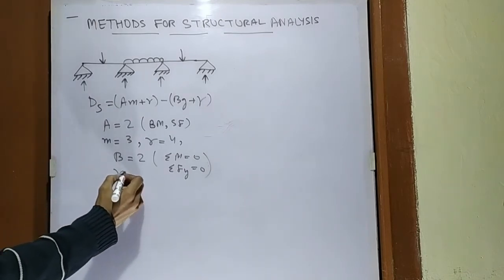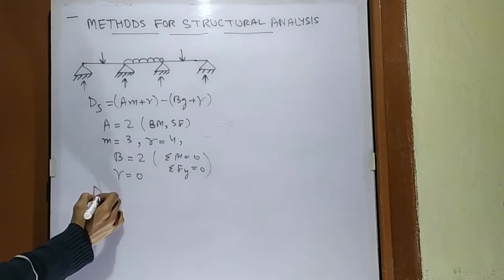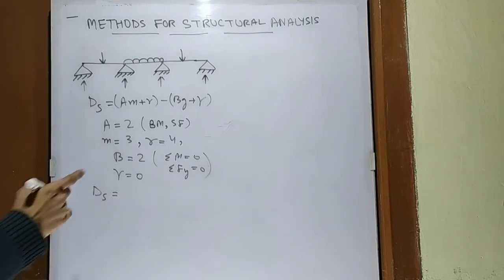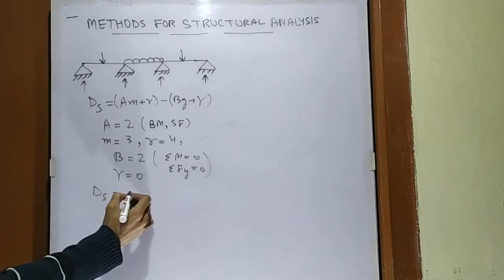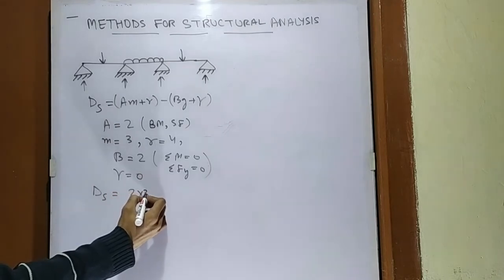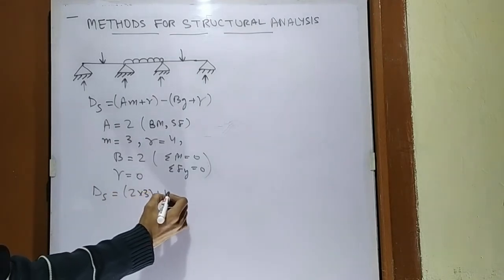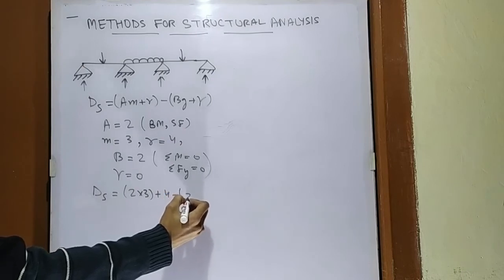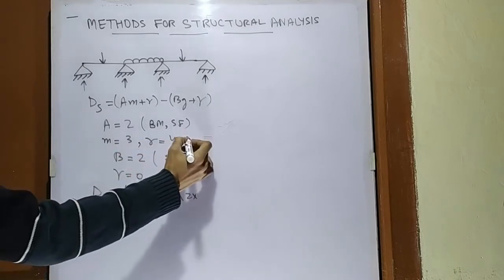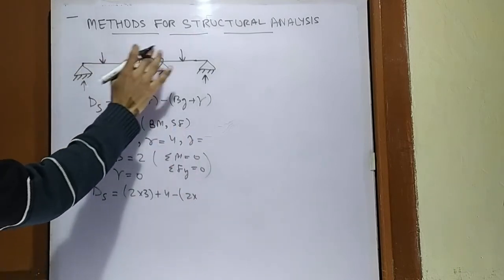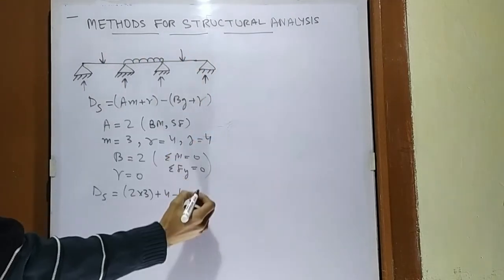Okay, and we know that gamma is 0, so the degree of static indeterminacy will be equal to Am plus r minus Bj: A is 2 and m is 3, and the value of R is 4, minus B is 2, and what is the value of J? J is 1 2 3 4, the number of joints is 4.